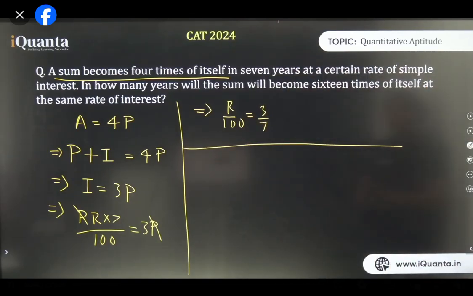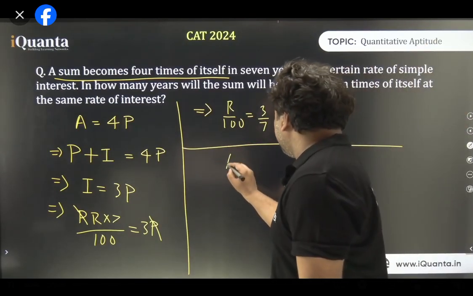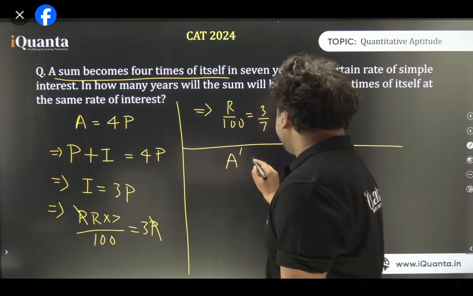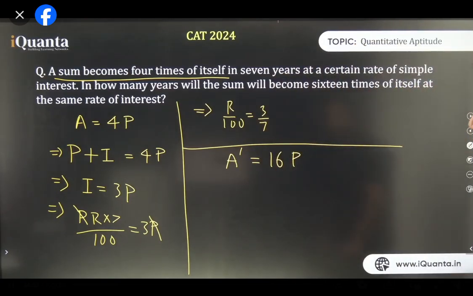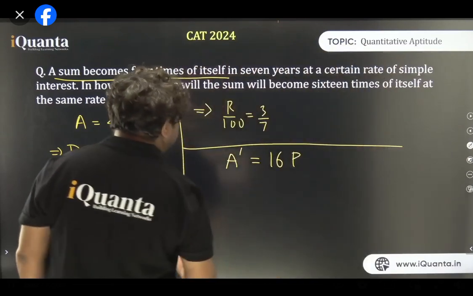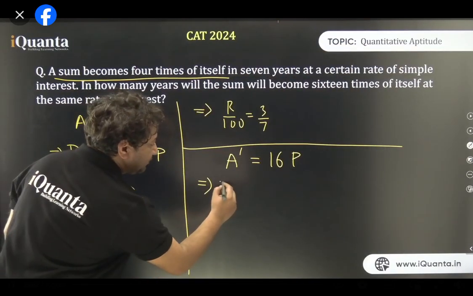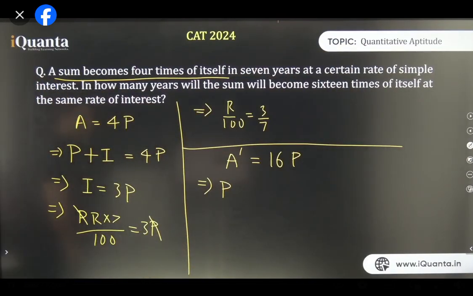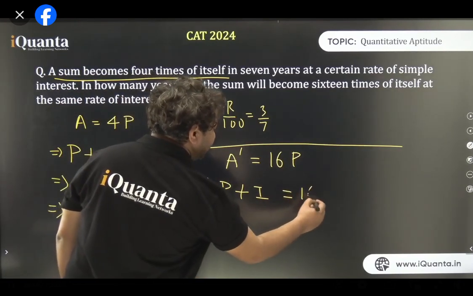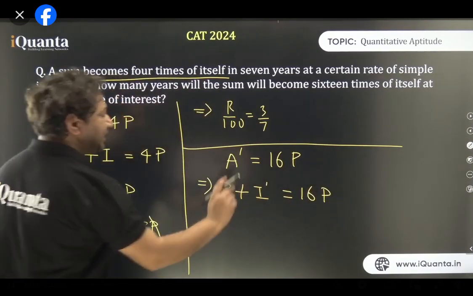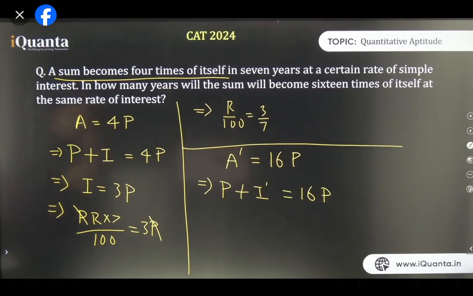Now coming to the second part of the question. In how many years will the sum become 16 times of itself? So the new amount, let us call it A dash, is 16 times of itself. Here, the principal plus interest will be equal to 16 times p. Let us call this I dash. Any problem there? All right?